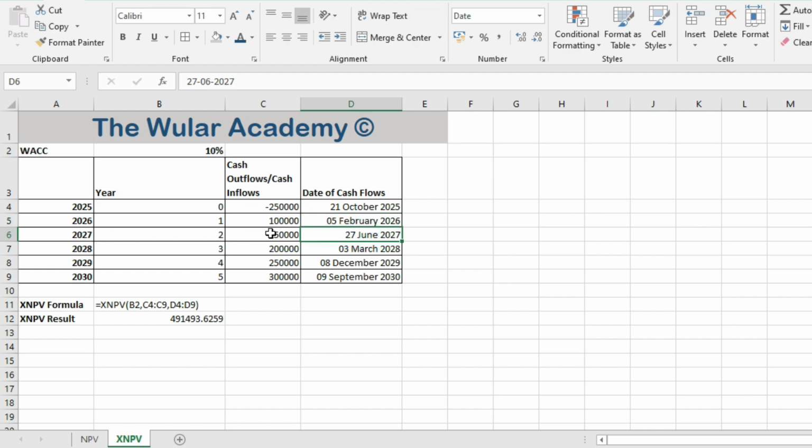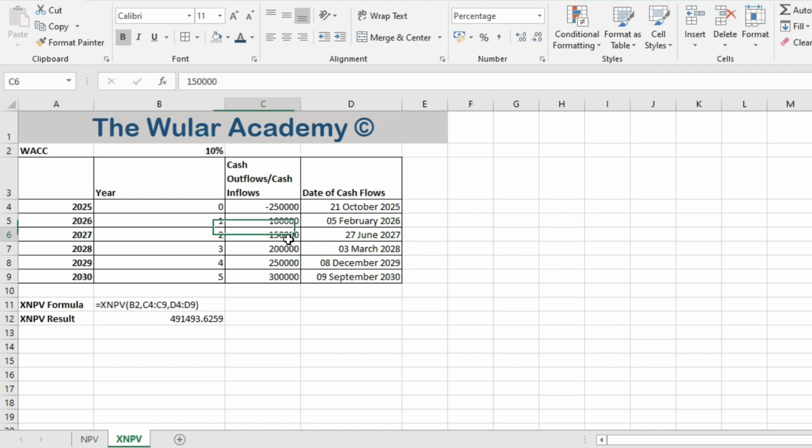Similarly, in the year 2027, our cash flow is happening on 27th June 2027 and not on 31st December 2027. And here again, we can invest this 1,50,000 at this rate, that is the weighted average cost of capital or the discount rate.